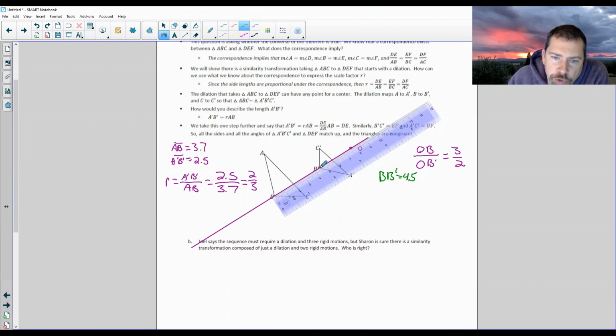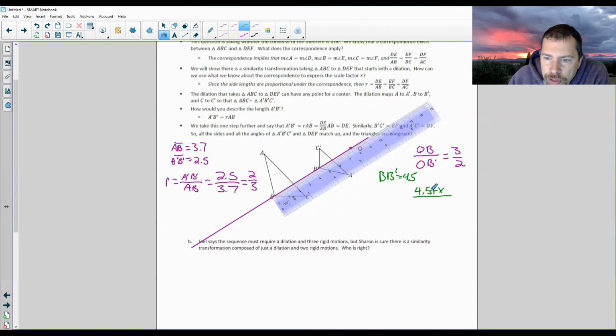Okay, B to B prime is 4.5. So 4.5 plus some value x equals OB. So OB is 4.5 plus x. 4.5 plus some unknown length will get me from B to O. Okay, B prime plus B prime O. So my B prime O is my x.